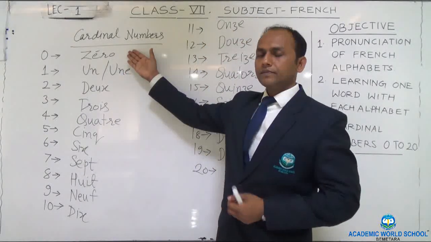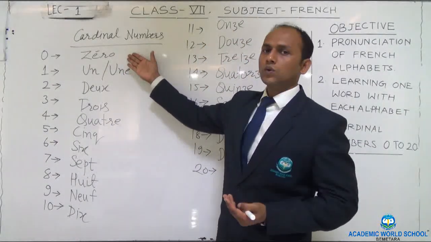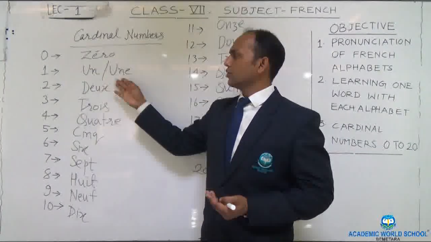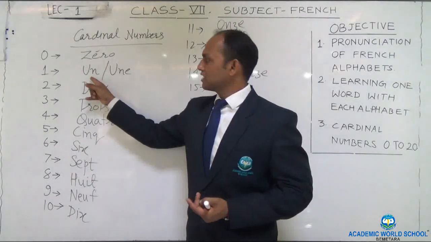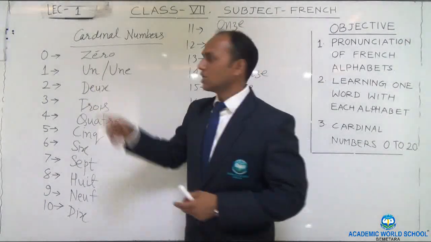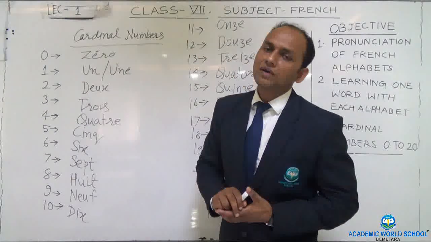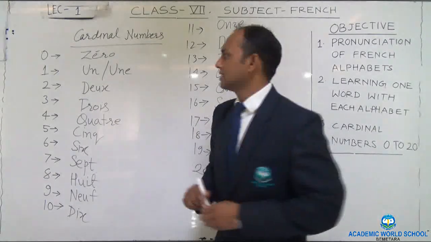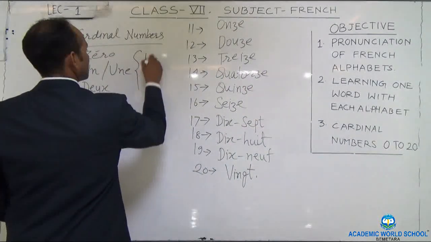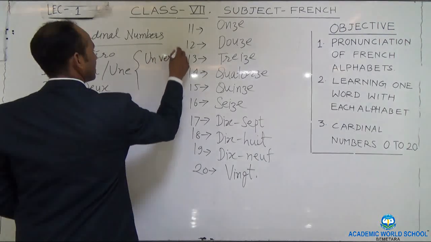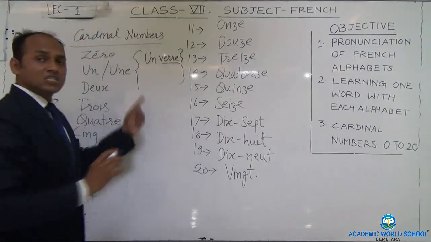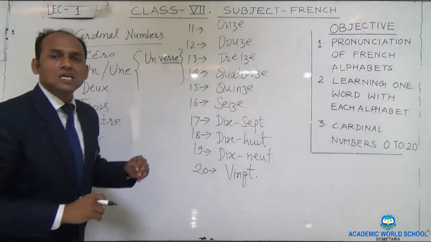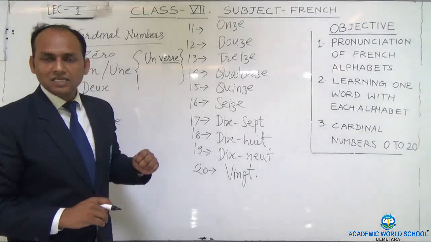Zéro. Speak. Zéro. Un. You can see I have written two forms. This is for masculine, and this one feminine. If I say one glass, un verre, this word I taught you just now. Verre means a glass.